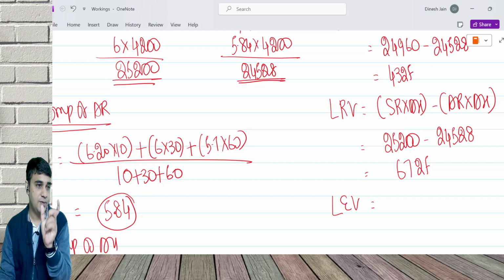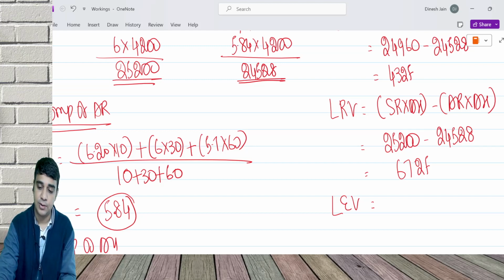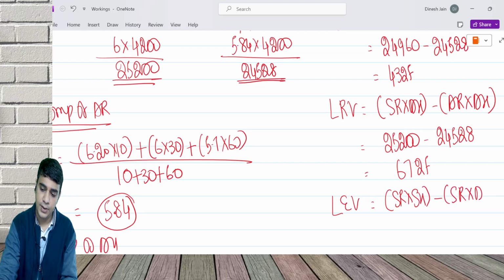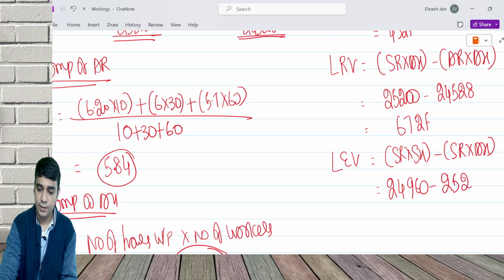Labor efficiency variance equal to, see the name of the variance, please write the full form. SR into AH short form is okay. Labor efficiency, write it fully. Labor efficiency variance equal to SR into SH minus SR into AH. 24,960 minus 25,200, you get 240 adverse.